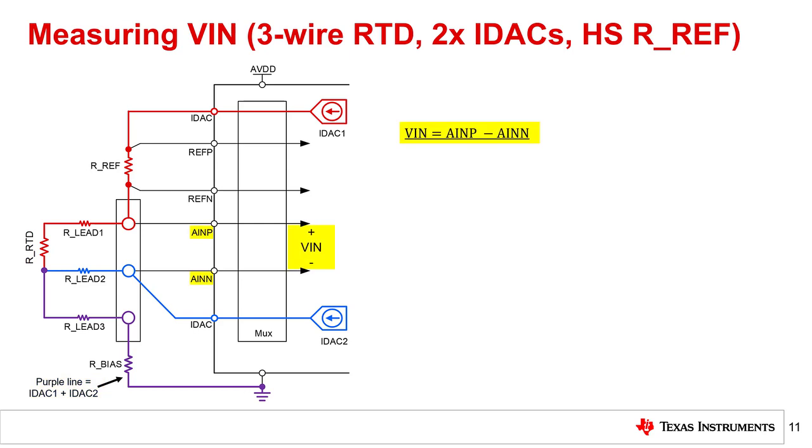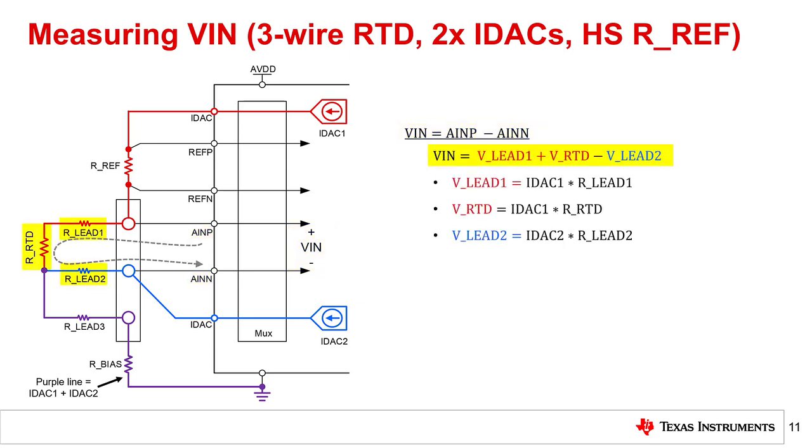Next, let's calculate the measured voltage, Vin, which is the difference between ANP and ANN. We can use Kirchhoff's voltage law to calculate that Vin is V lead 1 plus VRTD minus V lead 2. Each of these terms can then be expressed as a product of the IDAC current and the respective resistance.